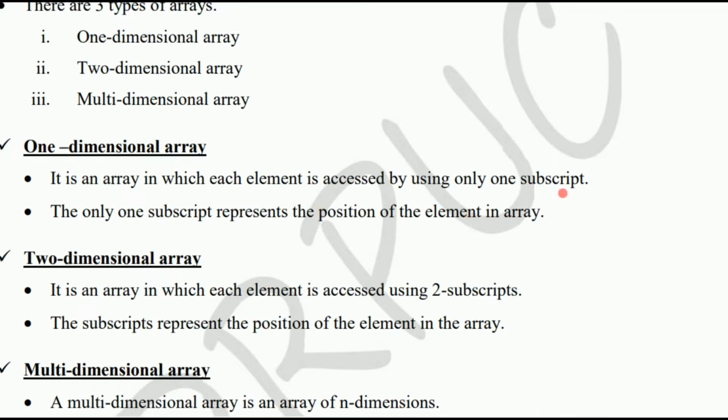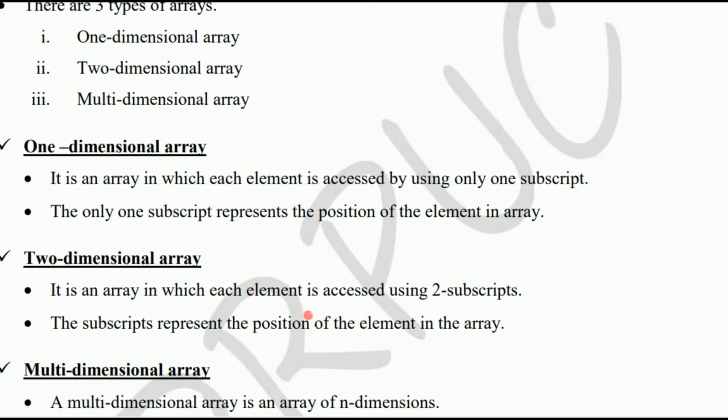It is an array in which each element is accessed by using only one subscript, and that one subscript represents the position of the element in the array. In the two-dimensional array, each element is accessed by using two subscripts.